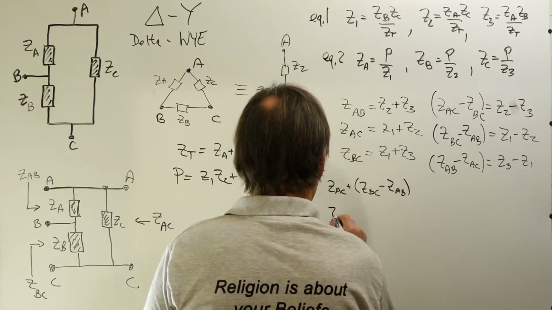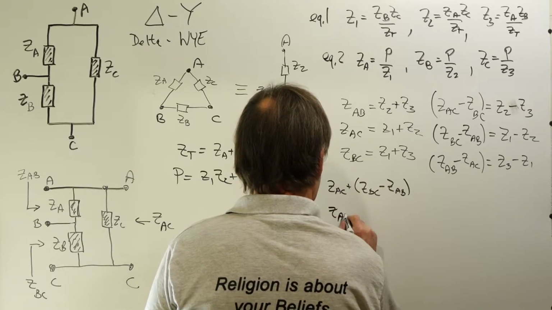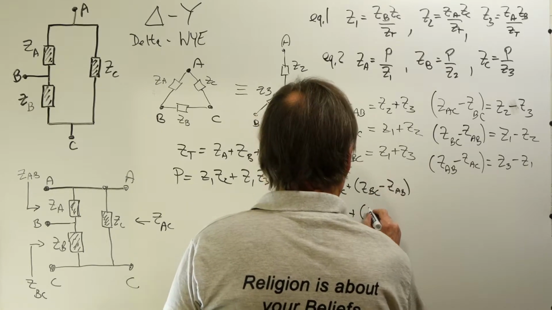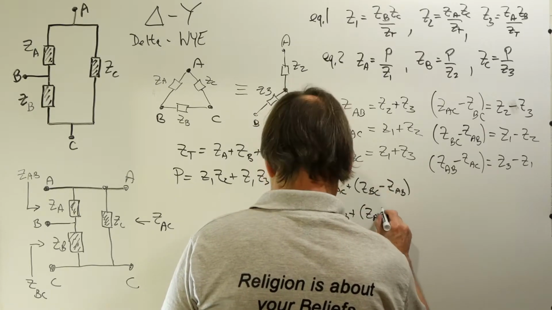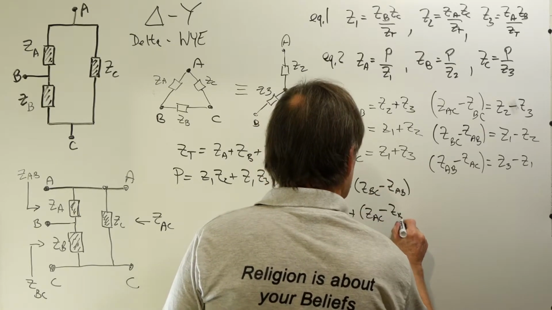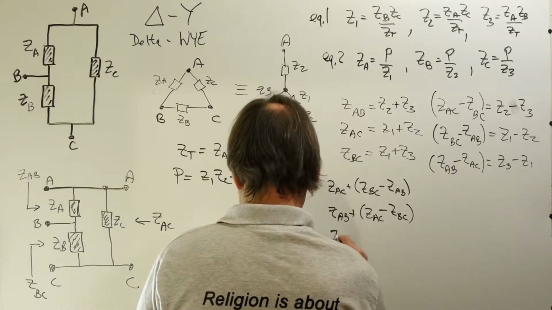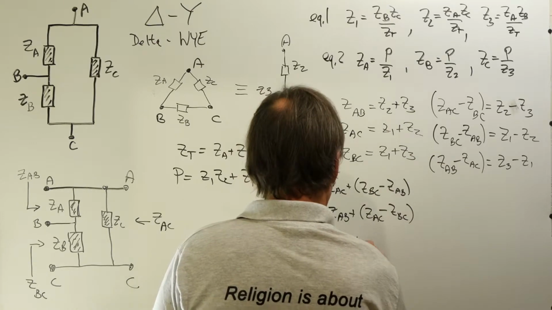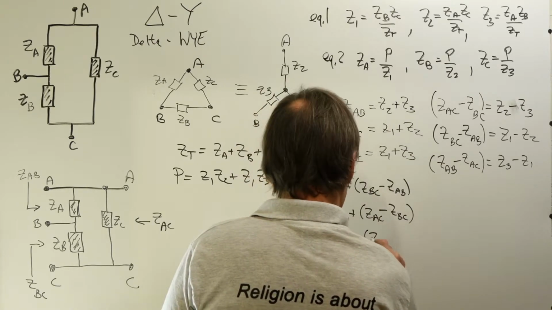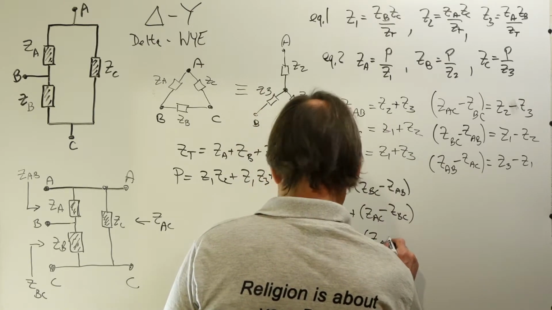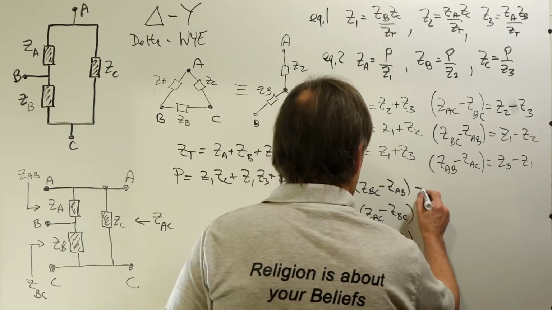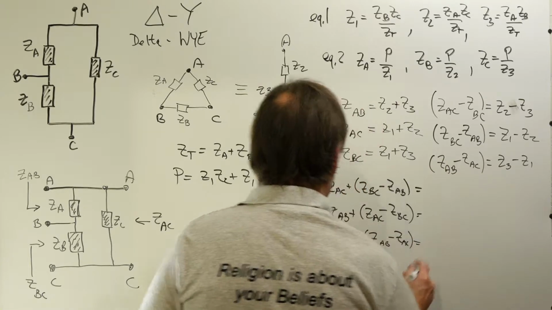And then I will take ZAB and add ZAC minus ZBC. And then finally I'll take ZBC and add to it ZAB minus ZAC. Now, let's see what we get here.